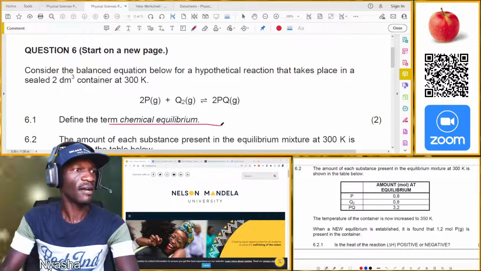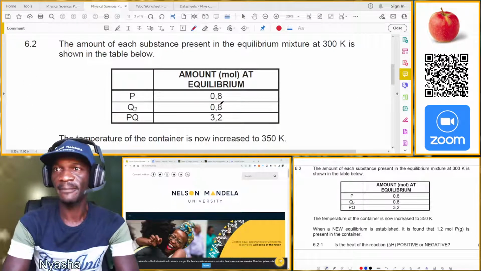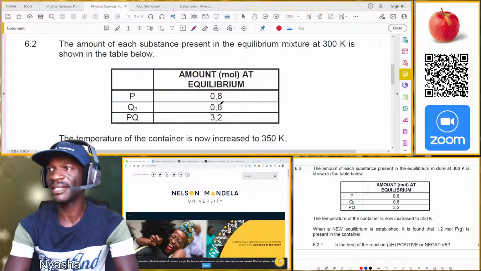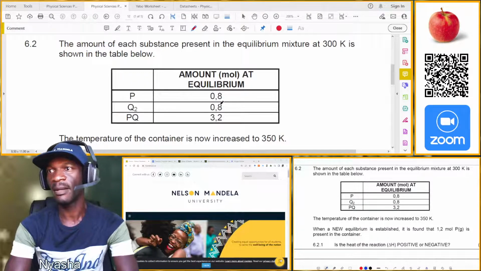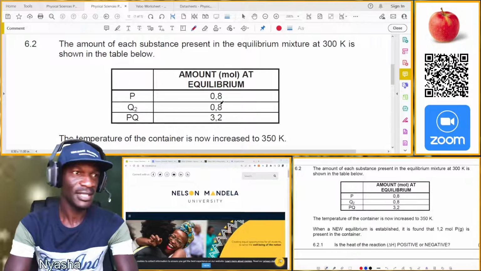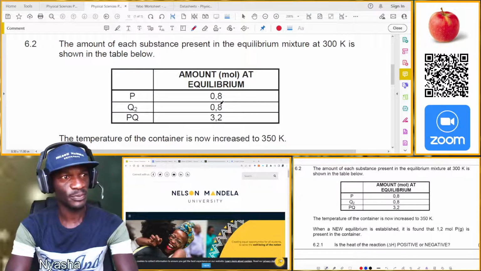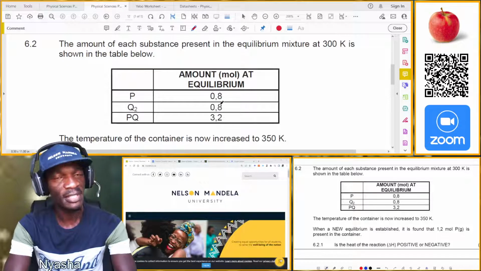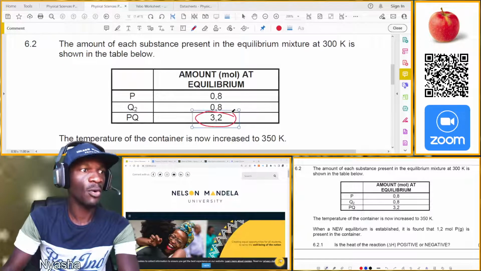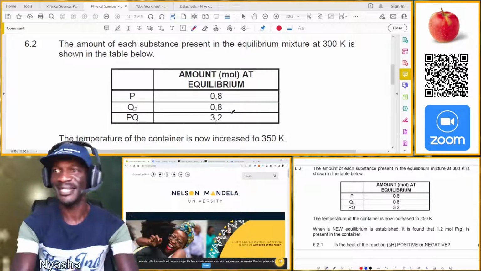After our definition, they now ask us some things that concern that chemical reaction. They say the amount of each substance present in the equilibrium mixture at 300 Kelvin is shown in the table below. So this is the chemical reaction which took place at 300 Kelvin, and the amount of each of the species is shown: 0.8 mole of the P substance, 0.8 mole of the Q substance, and then 3.2 mole of the PQ product, which is a product in the forward reaction.